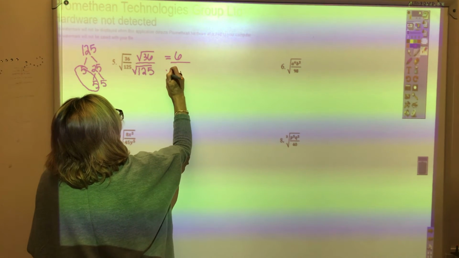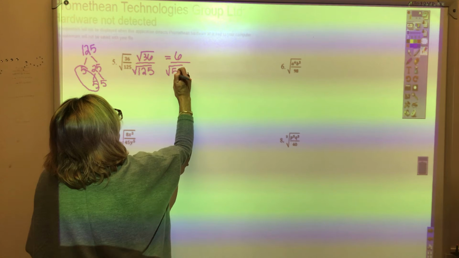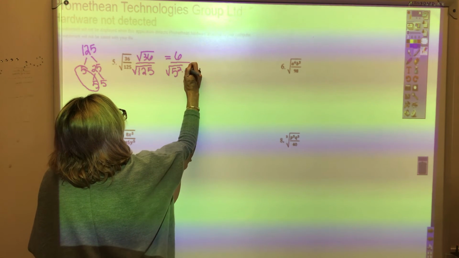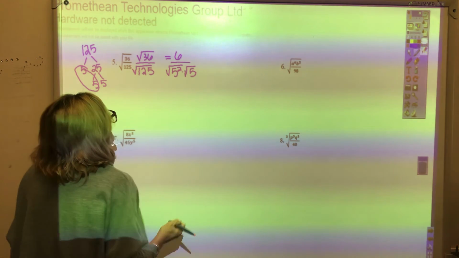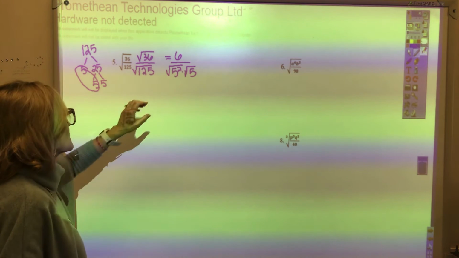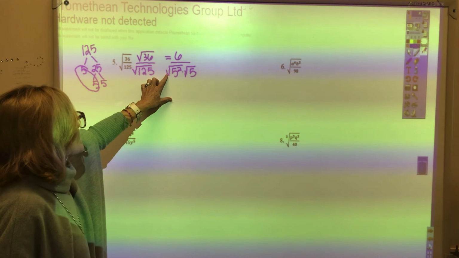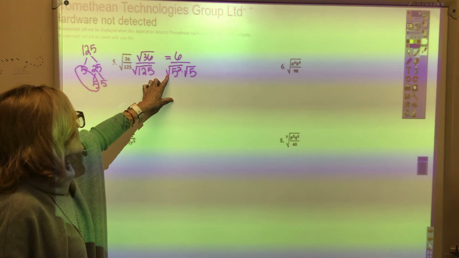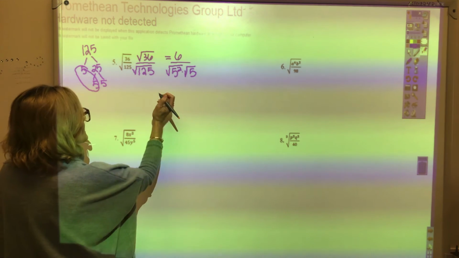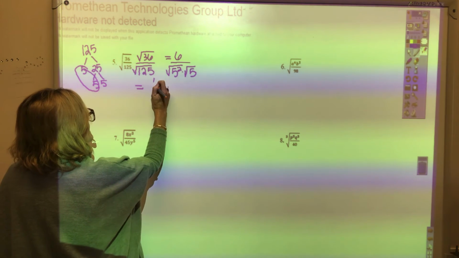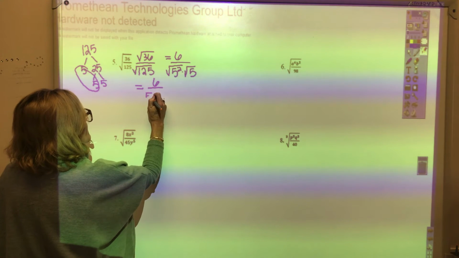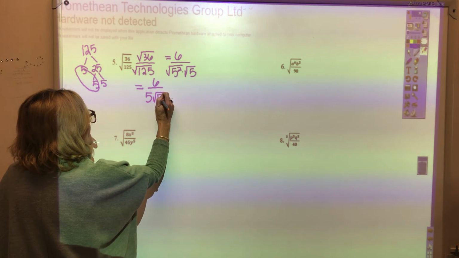So square root of 5 squared times square root of 5. Now, the square root of 5 squared is going to be 5. So our next step would be to write this as 6 over 5 times the square root of 5.